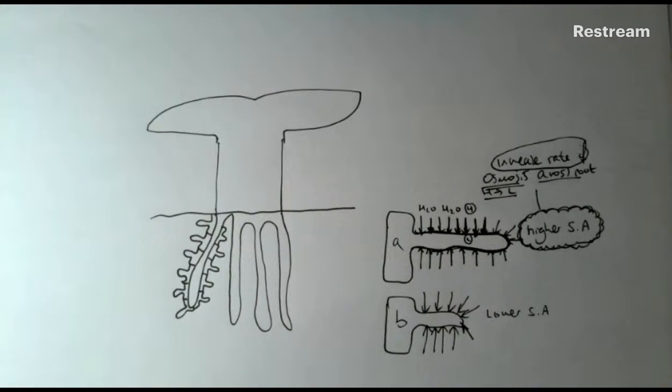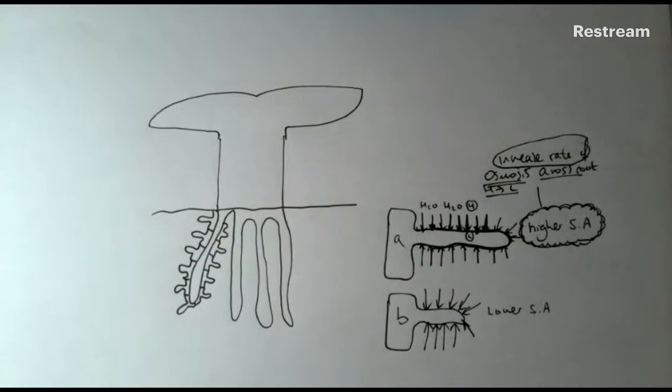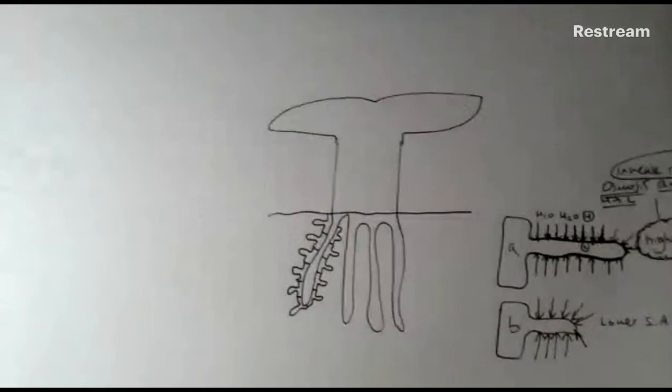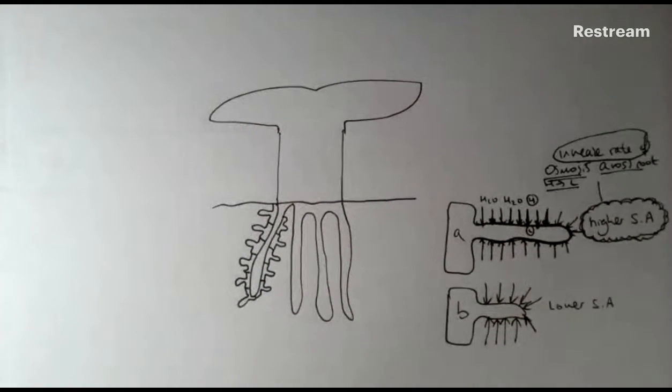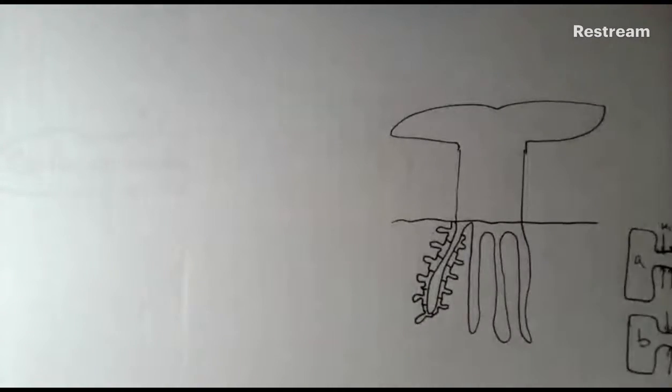All right, so that is the first adaptation of the root. So the root hair cell has got a large surface area for that reason. We're now going to look at the other adaptation.